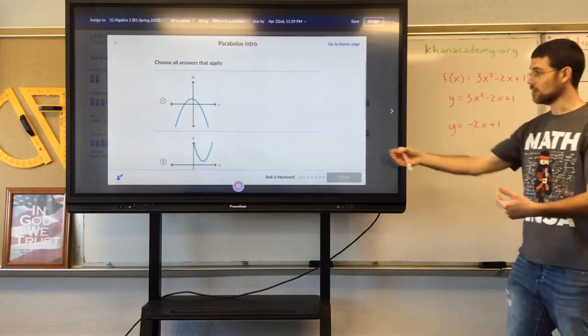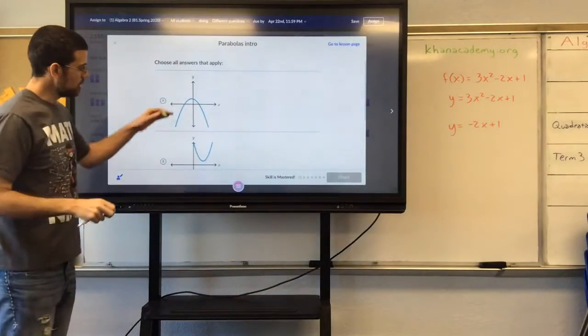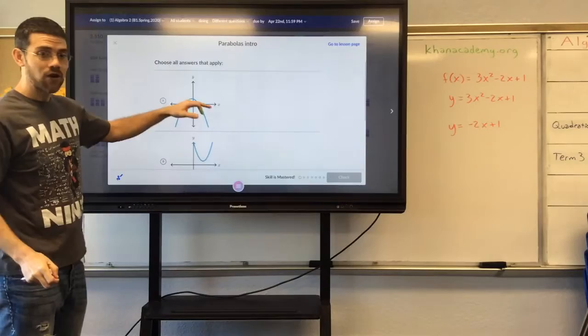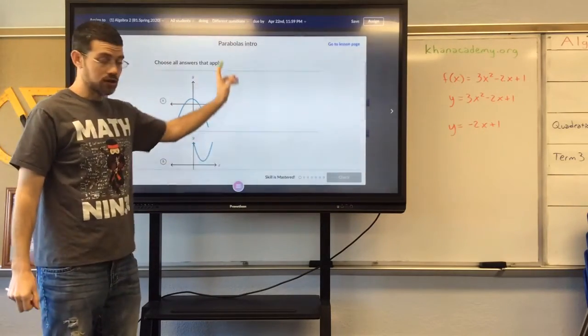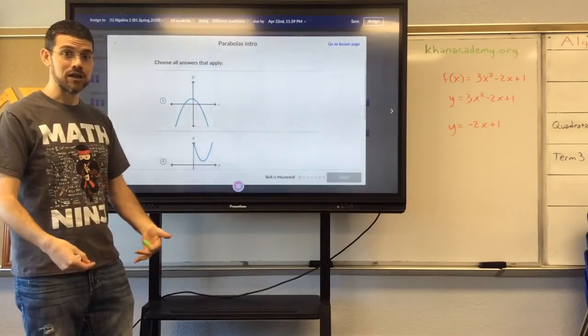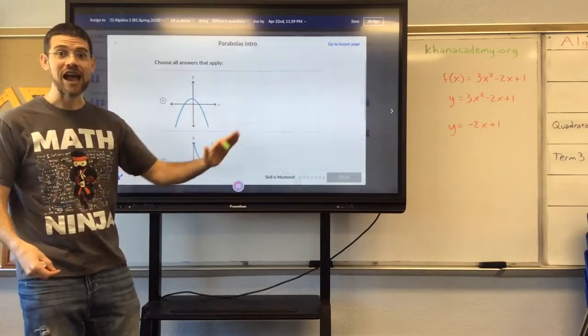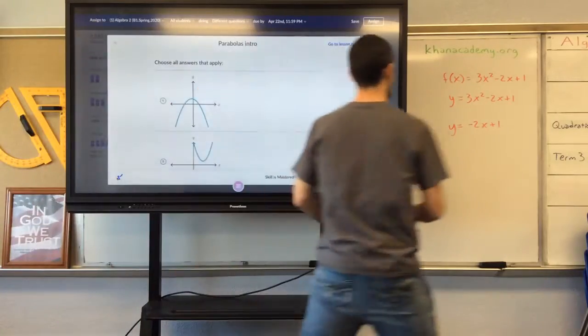So as x increases, you're going to have the y value either decrease or increase by a square of the x, meaning it's going to increase faster than x is, or it's going to decrease faster than x.